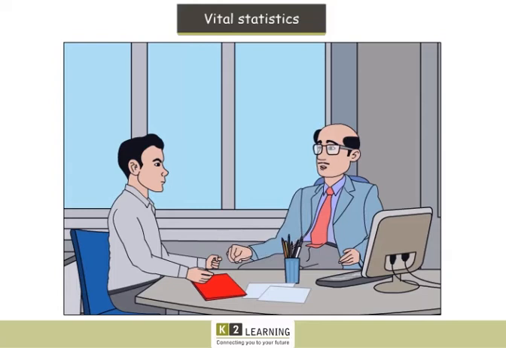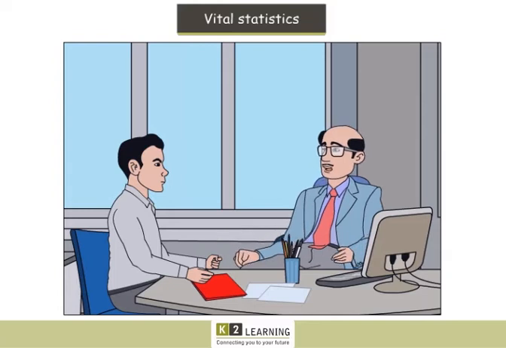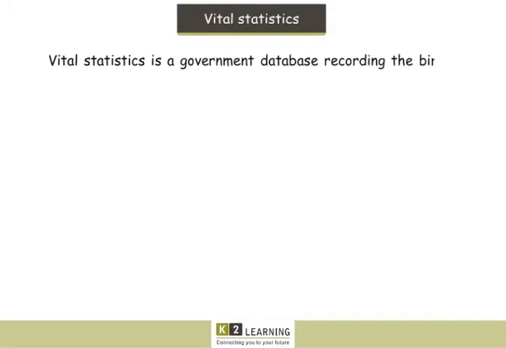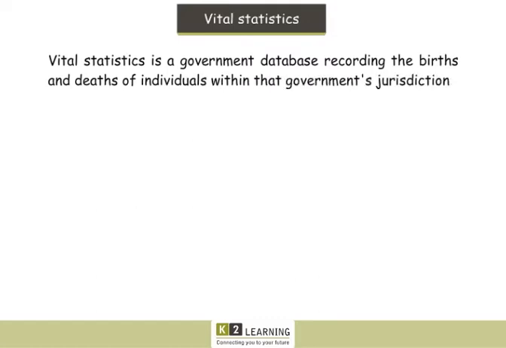Very well. Let me give you a brief idea on vital statistics first, and then you may start working on it. Thank you. Vital statistics is a government database recording the births and deaths of individuals within government's jurisdiction.